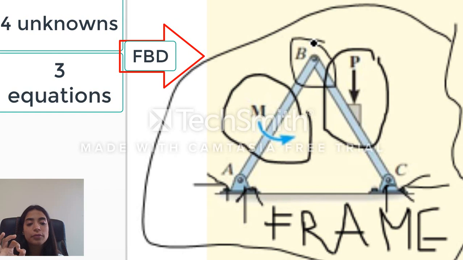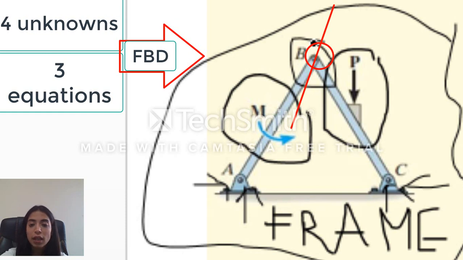In fact, guys, if I need to solve a frame having 4 unknowns, I should separate the members of this frame at the pin. So I should separate the members, which means I should separate AB from BC.